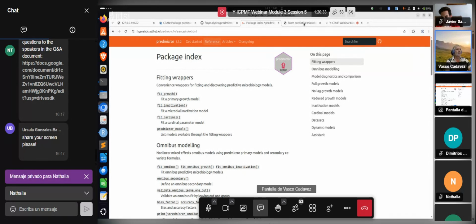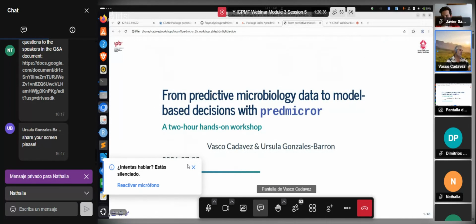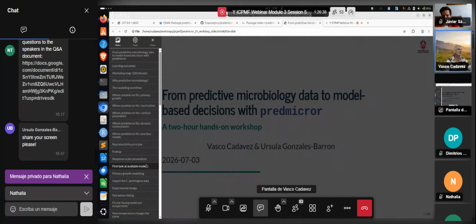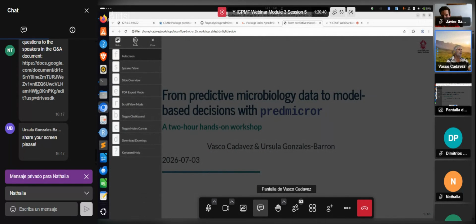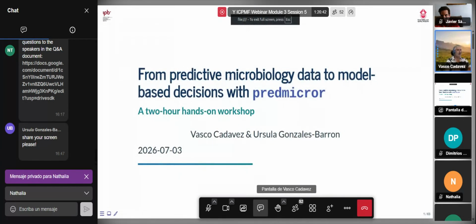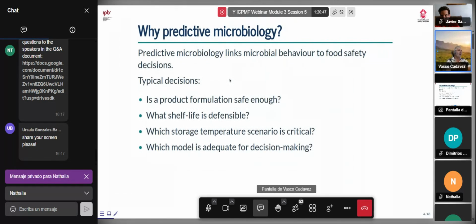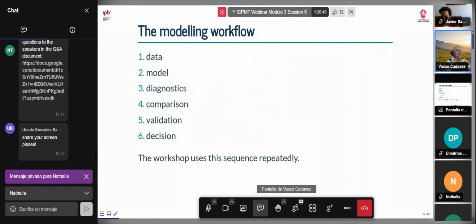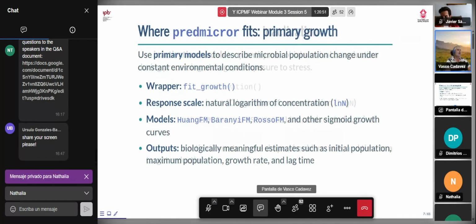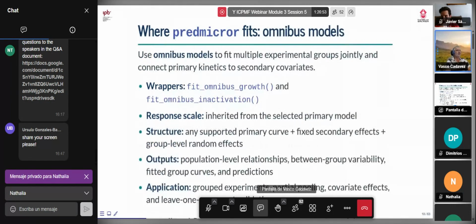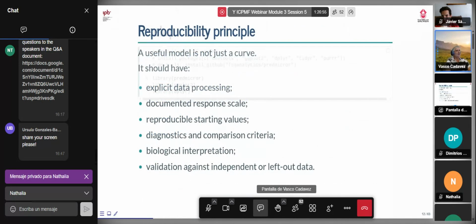Okay, so now I have one presentation, I have also one script that I can share with you at the end, but I believe for now I will follow the script that Ursula already talked about, so I will skip it. The wrappers, Ursula did this, and okay, so we will think when we are working and when we are modeling, we need to think on reproducibility.